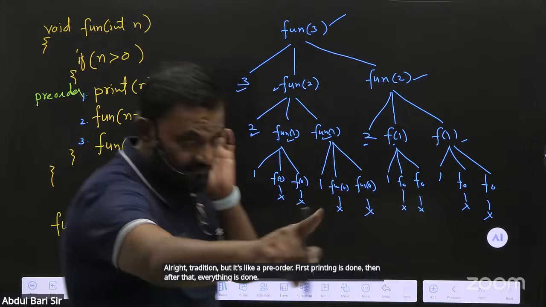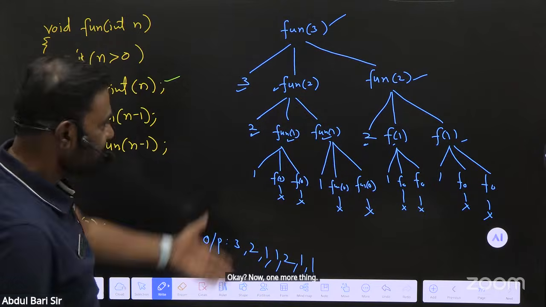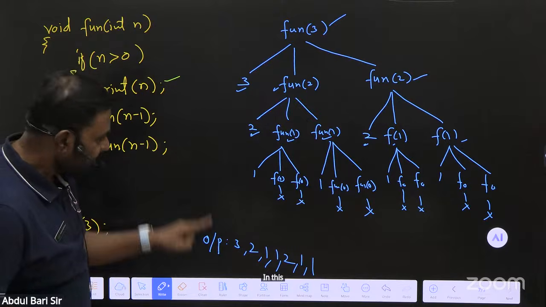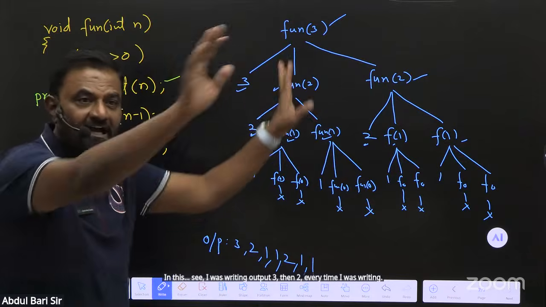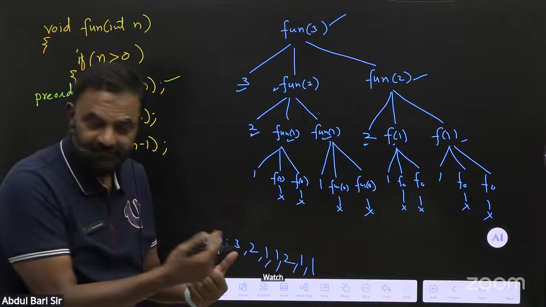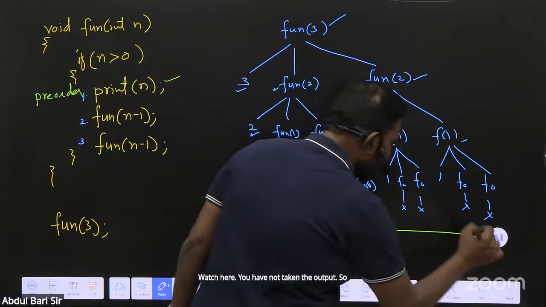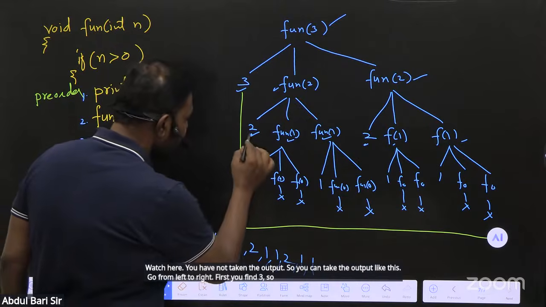Okay. Now, one more thing. In this, I was writing the output 3, then 2 every time. Suppose you already have a drawn tree but have not taken the output. You can take the output like this. Go from left to right. First you find 3. Then you find 2.